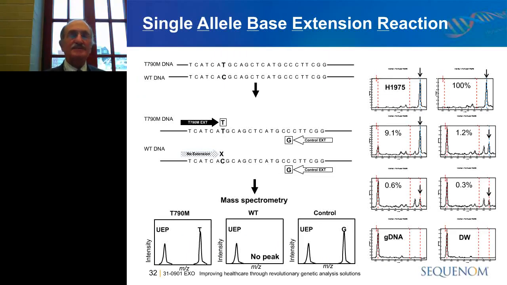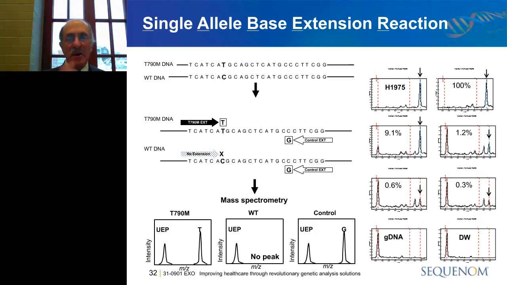So our problem in detecting, let's say, a 1% mutation or a 0.5% mutation in a background of a vast excess of wild type is that when we perform our sequencing reaction, the wild type template consumes the sequencing primer, and we may not be left with enough sequencing primer to detect.